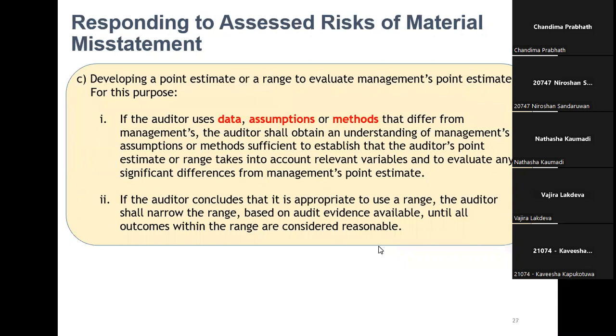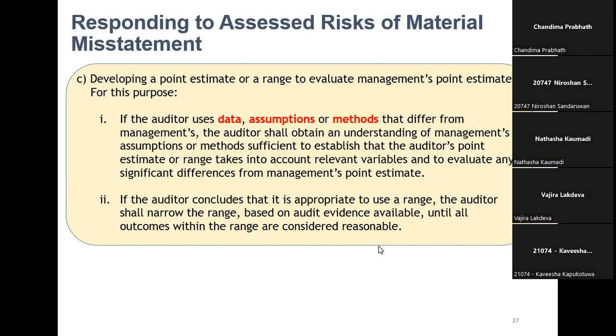The third one is the auditor developing a point estimate or range. As an example, the auditor develops his or her own amount to compare with the management point estimate. Let's say we do an independent calculation to compare with the management point estimate. Let's say the warranty provision as per the management accounts is 100 million.